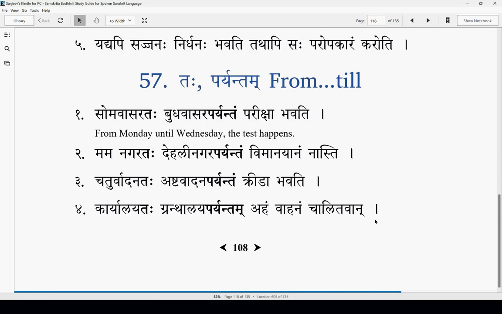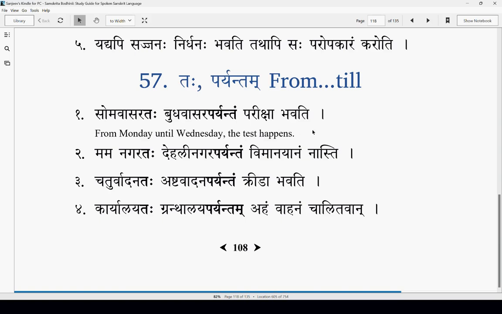Taha, paryantam, from, till. So here also, when we can add this, taha is not a standalone word. This is like a suffix. Like the example here: Somavasaratah Budhavasara Paryantam Pariksha Bhavati.